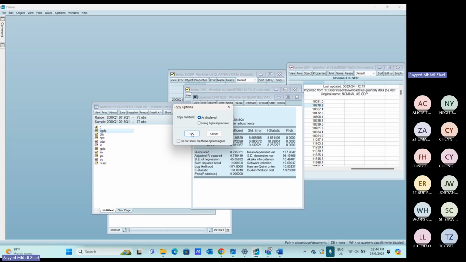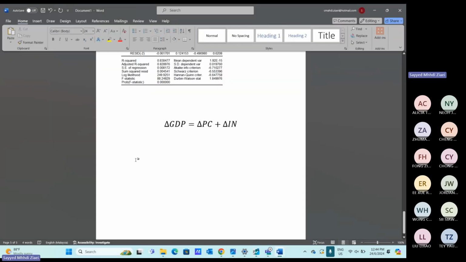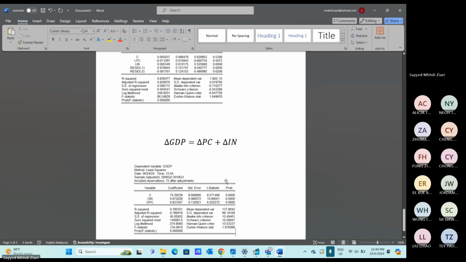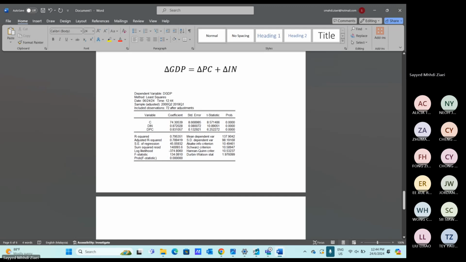Copy your result and paste it here. So our target is to find whether the problem of autocorrelation is fixed or not.